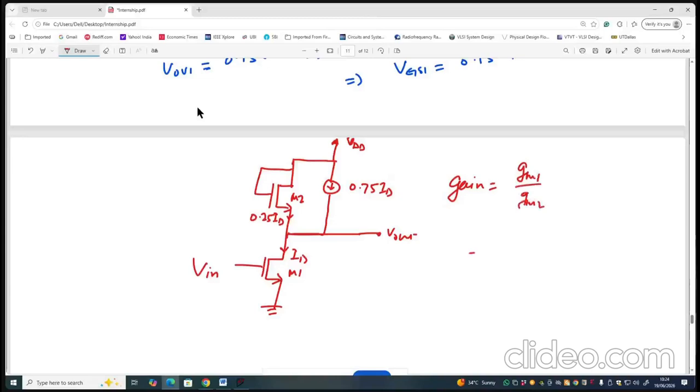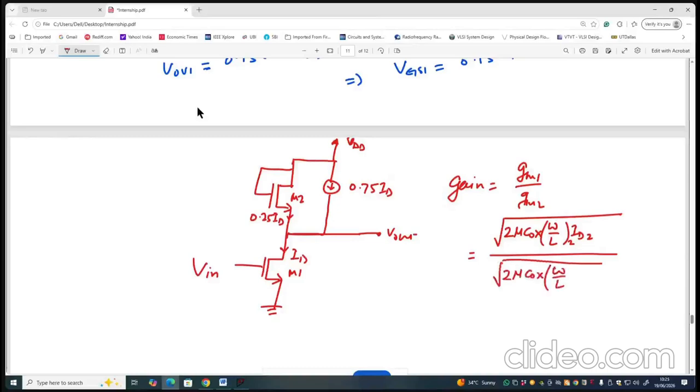Now gm1 again you will write as square root of 2 mu Cox W upon L times ID2, upon square root of 2 mu Cox W upon L 1 ID1.